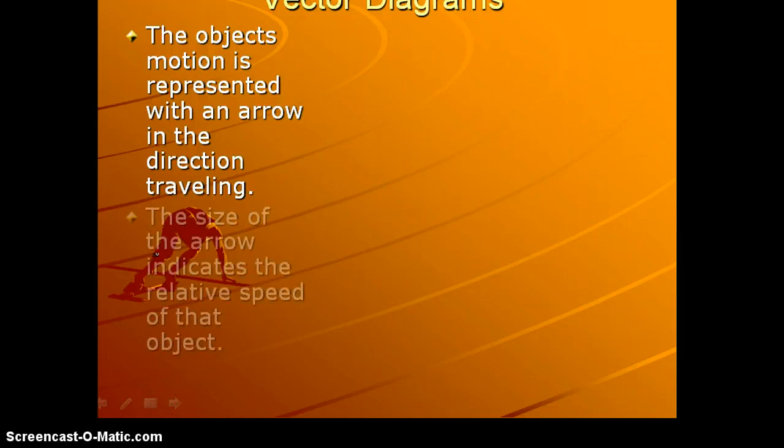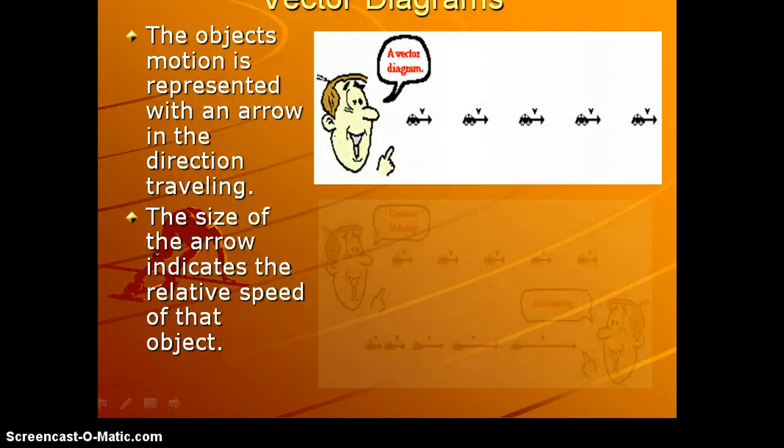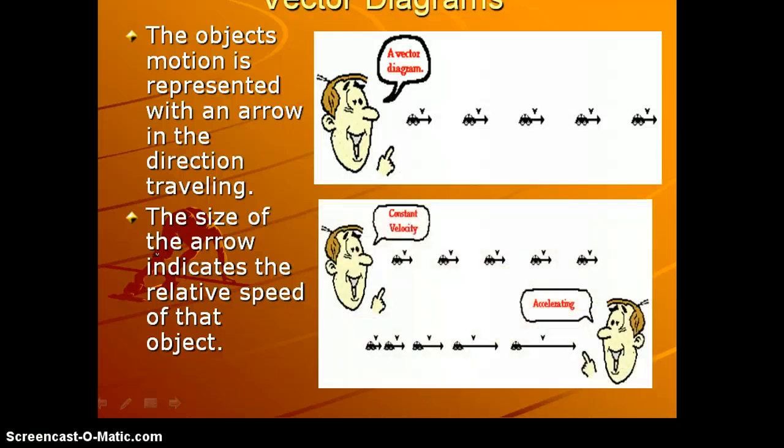Vector diagrams are when we show direction and motion with an arrow. The size of the arrow will indicate the relative speed of that object. You saw some of these on the displacement and distance graphs or charts. We can show this if a car is in motion. We can show in this one that the car is maintaining constant velocity because the arrow size never changes.